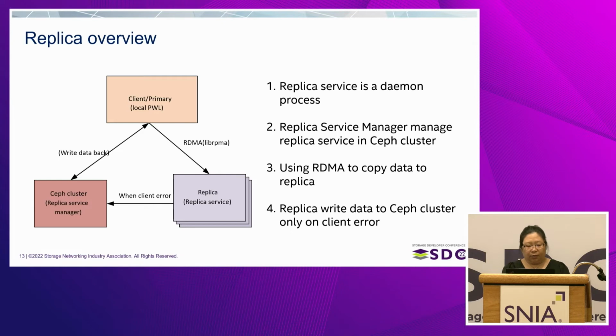When the primary is alive, the background thread will write data to the Ceph cluster once the cache entry becomes dirty. If the primary client dies or gets disconnected, the replica will write the data to the Ceph cluster. That guarantees the data will not be lost and stays consistent.